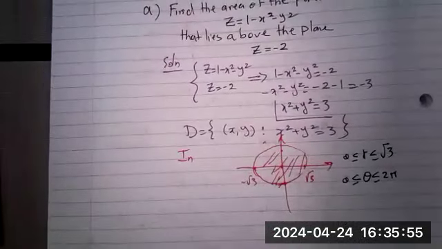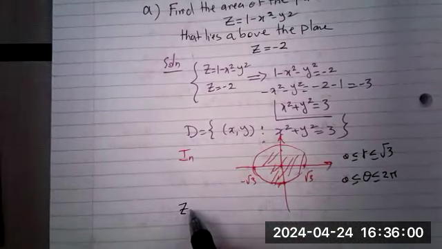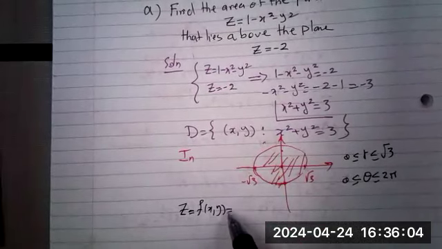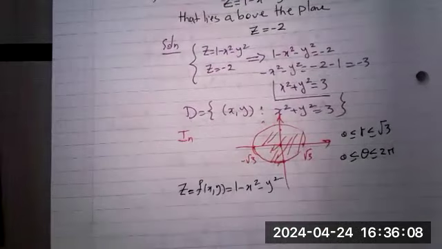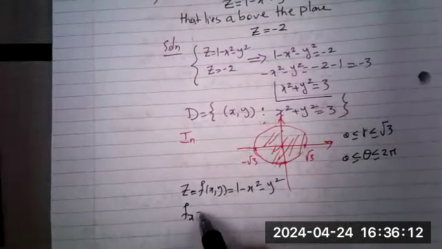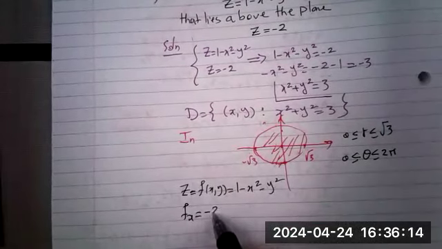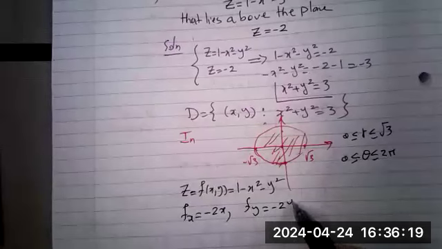Any questions? So there you are. The function is z. z is equal to f of x and y, if you like, and this is 1 minus x squared minus y squared. Get the partials. The partial with respect to x is just negative 2x. The partial with respect to y is negative 2y.